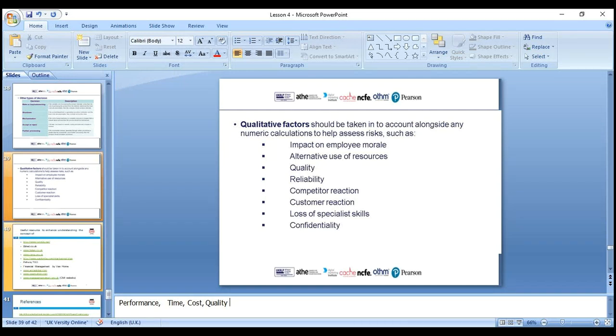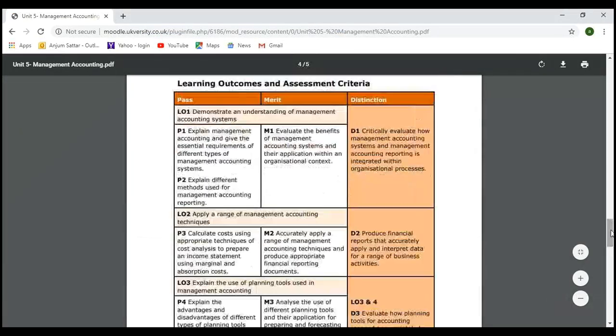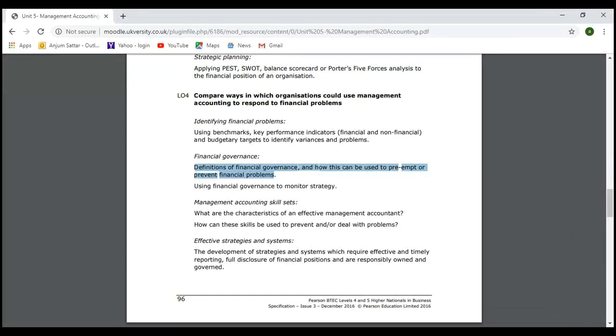Okay, that's all. Today's lesson, LO4, is quite basic and generic. We discussed various things. Benchmark means the industry averages. We discussed variance. We discussed some financial governance, meaning corporate governance, financial governance, how well we manage and use funds.